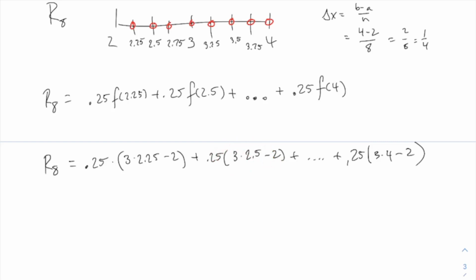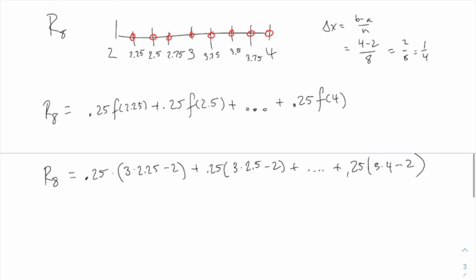What about L8? For R8, I looked at these 8 little bits and chose the point on the right every time. For L8, I look at the same 8 little bits, but I choose the point on the left every time. The effect is I'm going to get almost exactly the same answer, except the first point will be 2, and it goes all the way up. The last point will be 3.75 if I use the left-hand point. So would you mind if I just jump right to that? L8 is the same thing, only the precise points are different.